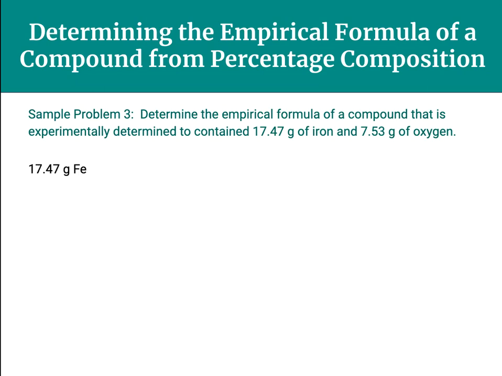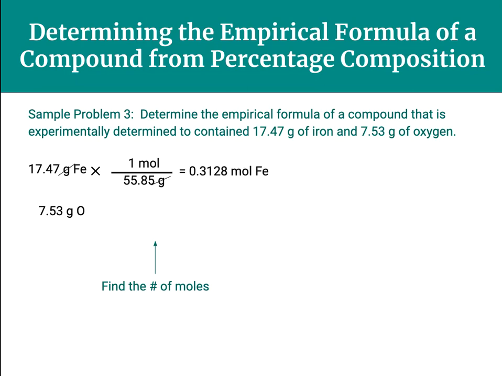So you're going to take those masses, and the first step is convert to moles. We use the molar mass of iron to get 0.3128 moles of iron, and the molar mass of oxygen gets us 0.4706 moles of oxygen. Next step is to divide by the smallest number of moles, which is the 0.3128.